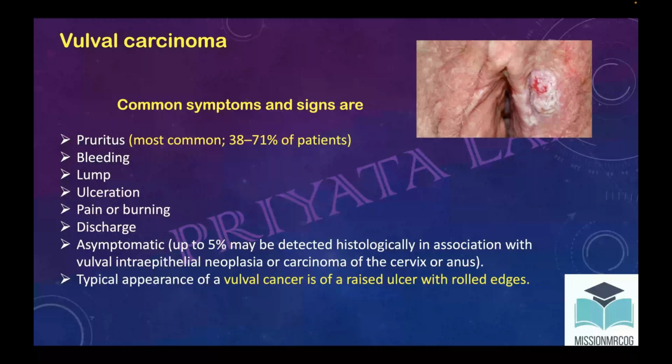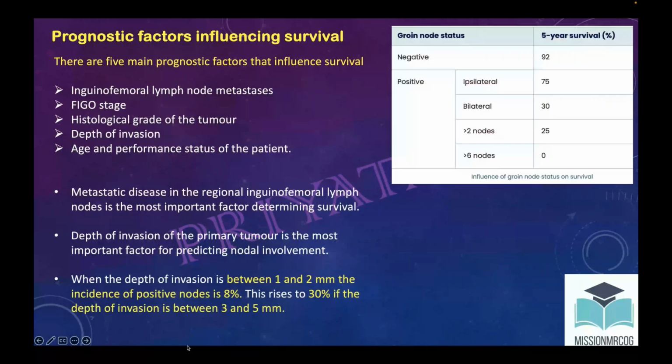Now, what are the prognostic factors that affect survival? They are inguinofemoral lymph node metastasis, FIGO stage, histopathology, grade of the tumor, depth of invasion, age, and performance status of the patient.